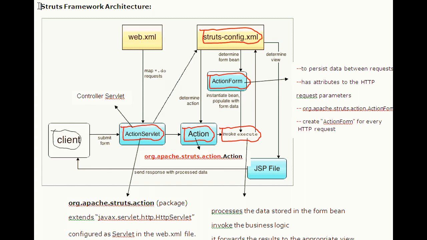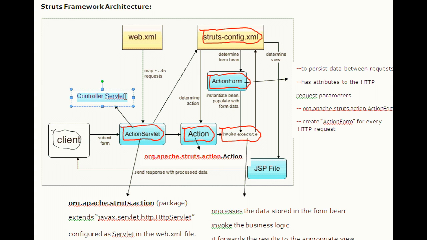Coming to the Struts framework architecture, this diagram shows the architecture of the Struts framework. First, we are going to talk about the important controller classes of the Struts framework, such as action servlet, action, and action form. Here, action servlet is a controller servlet.